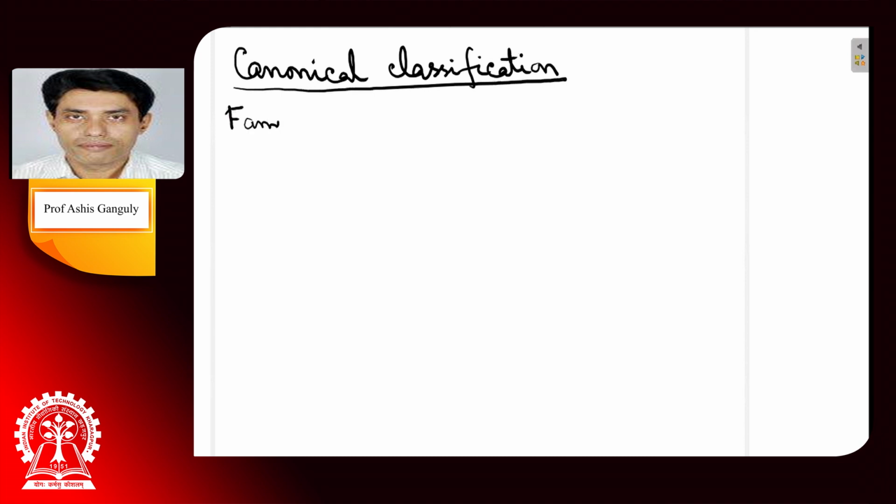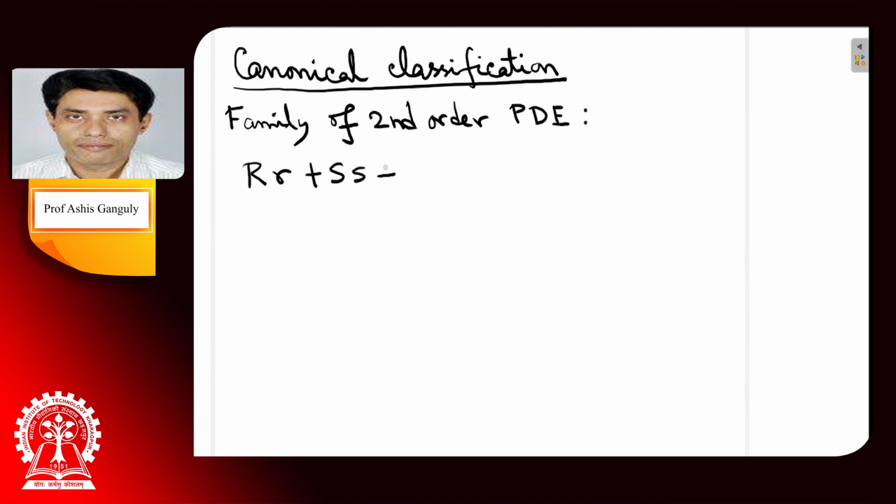Family of second order PDE with variable coefficients, I will write in this form: Rr + Ss + Tt + some arbitrary function of x, y, z, p, q equal to 0. Let me label it as equation 1.